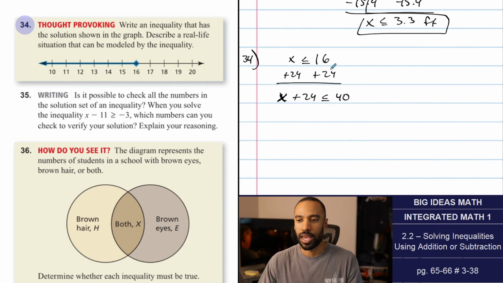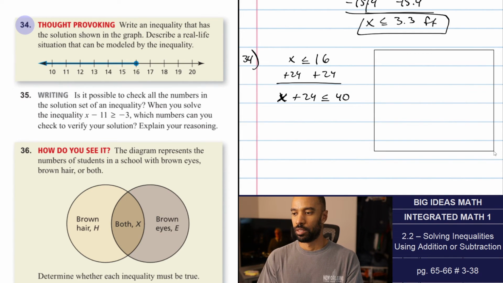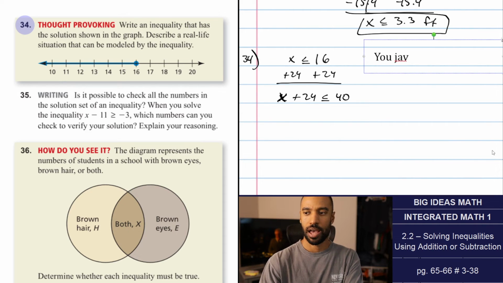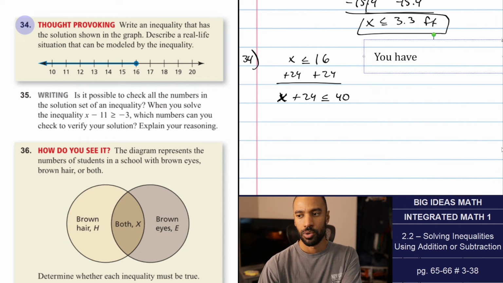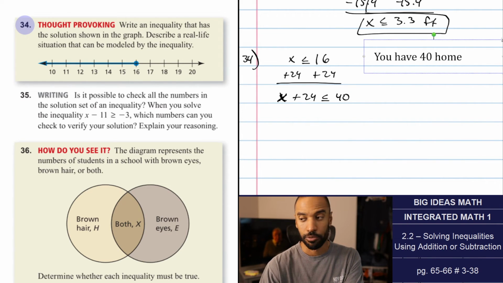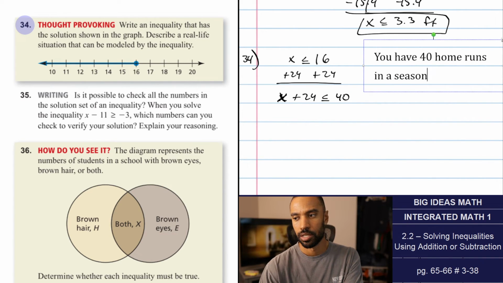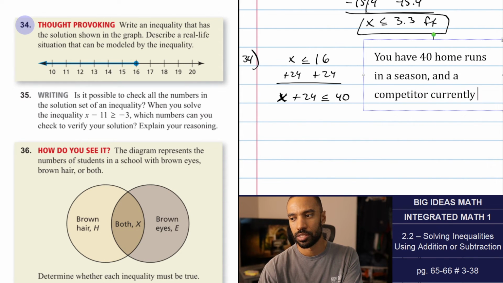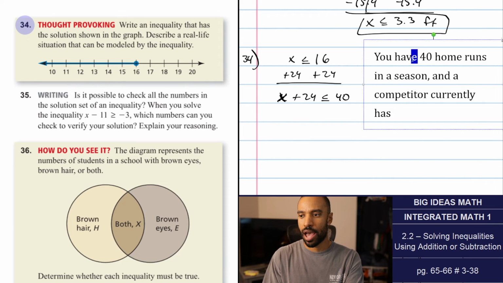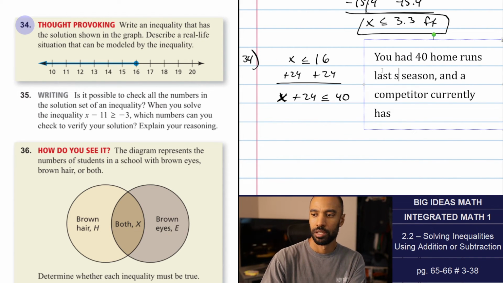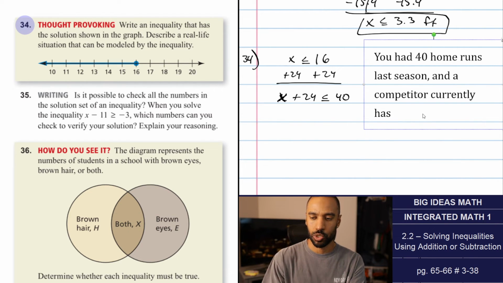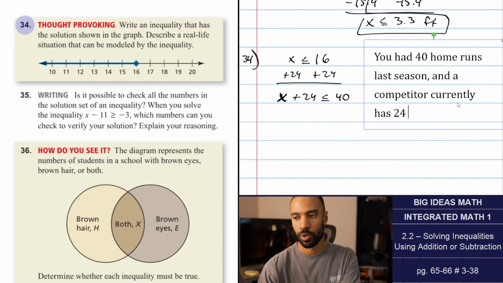So maybe something like a player, let's see, you have 40, I don't know why I chose 40, now I don't know what to do. You had 40 home runs last season, and a competitor currently has 24 home runs.